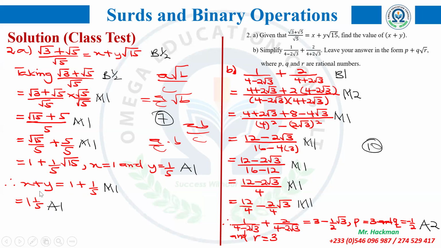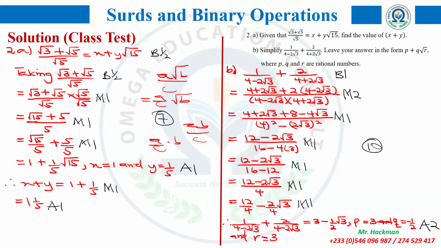However, if you took it to the improper fraction and you don't change it to mixed numbers, okay, you lost your way. You get the mark up to this point. So you won't get the final answer, because I've told you many times that you avoid concluding with decimals unless otherwise stated, or concluding with an improper fraction unless otherwise stated.